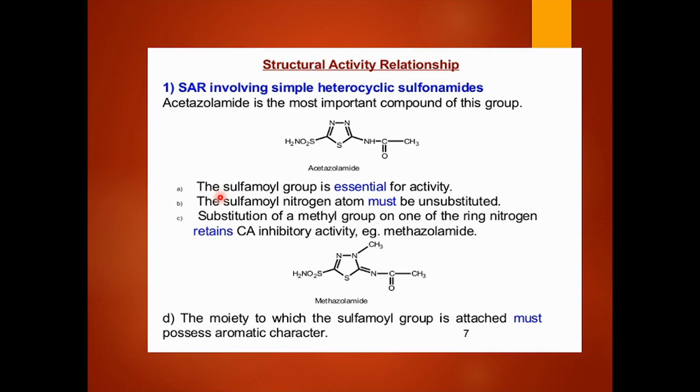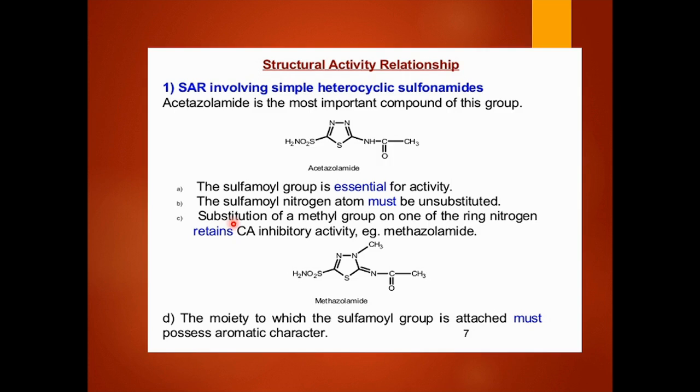The first point is the sulfamoyl group. The sulfamoyl group is essential for the drug to show its activity. Second point is the sulfamoyl nitrogen. The sulfamoyl nitrogen must be unsubstituted, because mono and disubstituted compounds are found to be pharmacologically inactive.